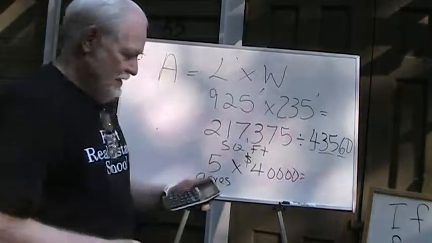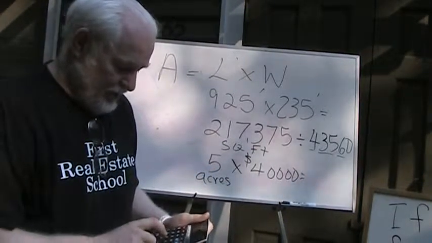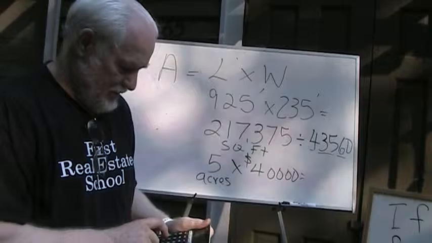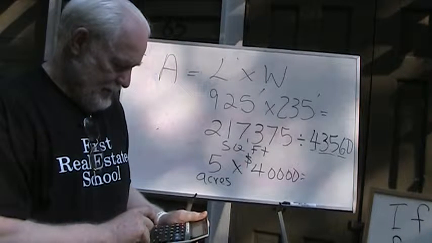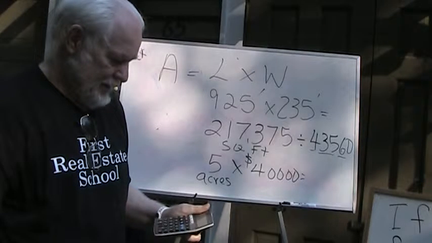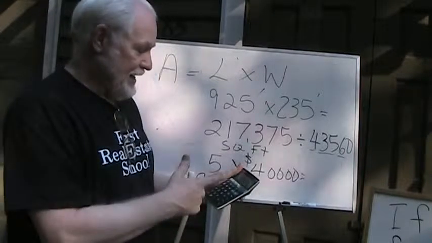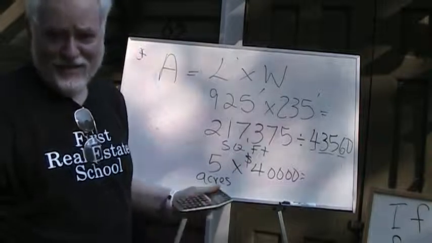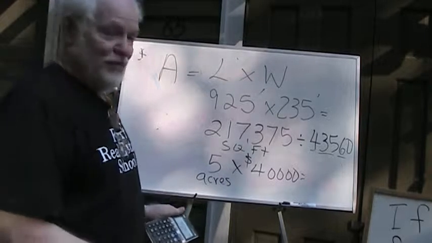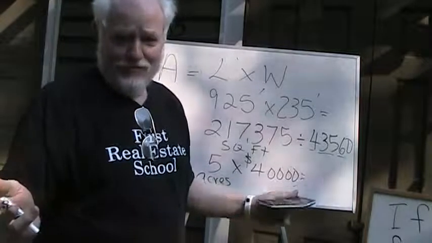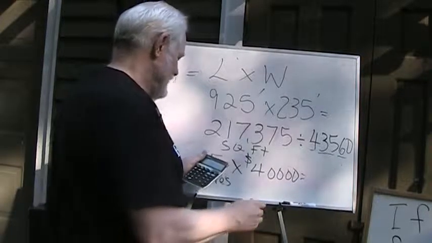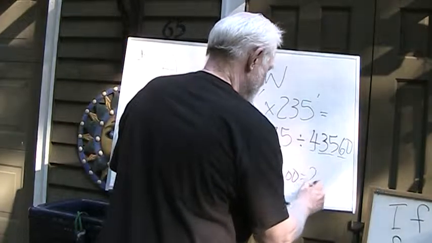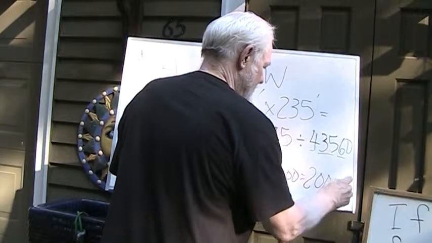I'm just going to leave that number in there, times $40,000, and the calculator says 199,609. But if the choices are 200,000, 250, 225, and 300, I think I'd go for $200,000.